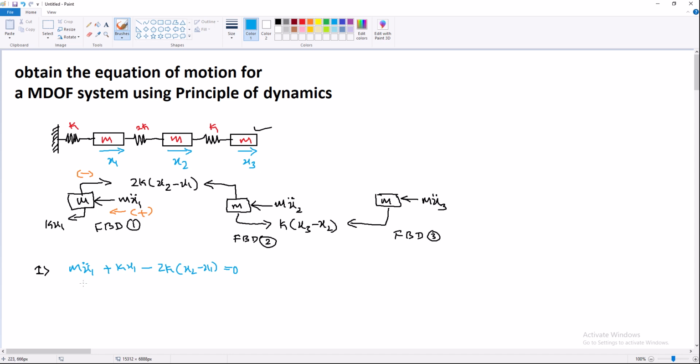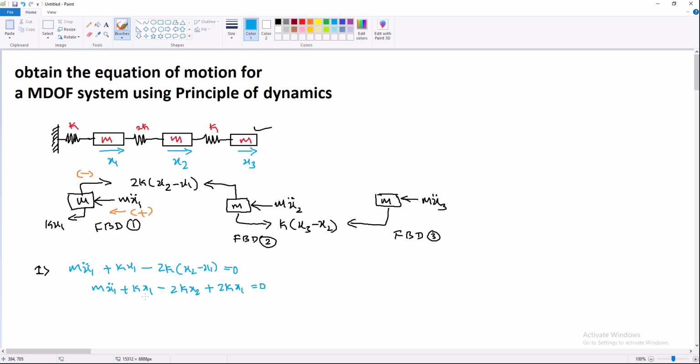So now I will rearrange the terms and write in a simplified manner. This is m x1 double dot plus k x1. So I will multiply this one: minus 2k x2 minus into minus plus 2k x1, which is equal to 0.